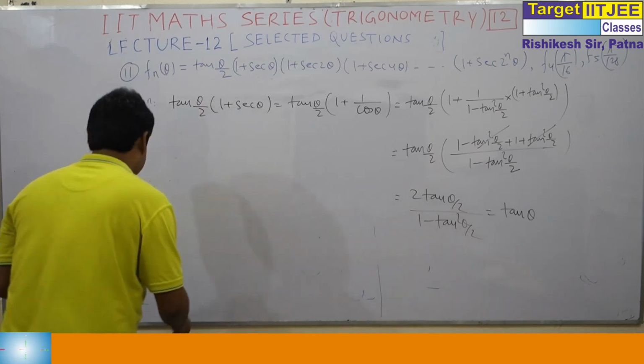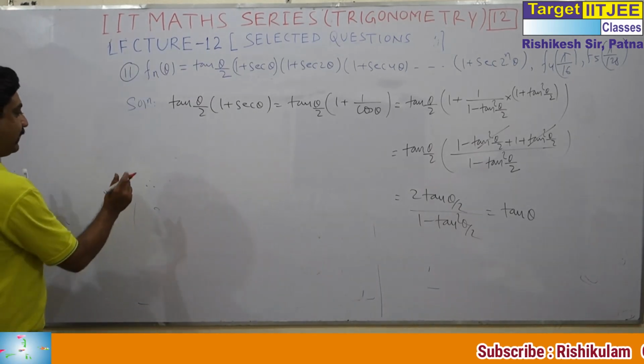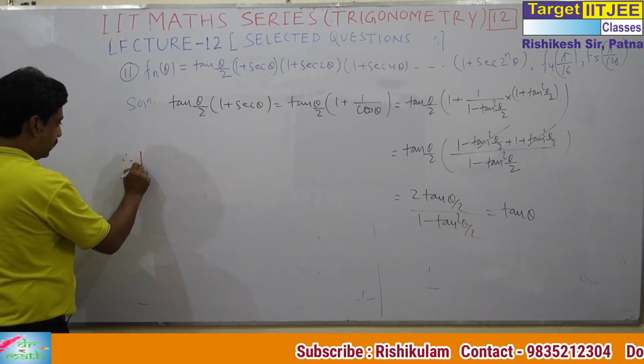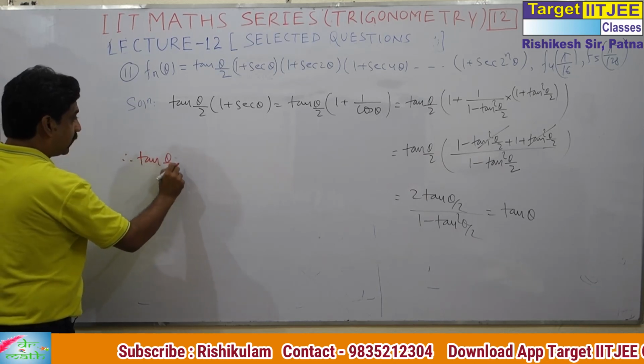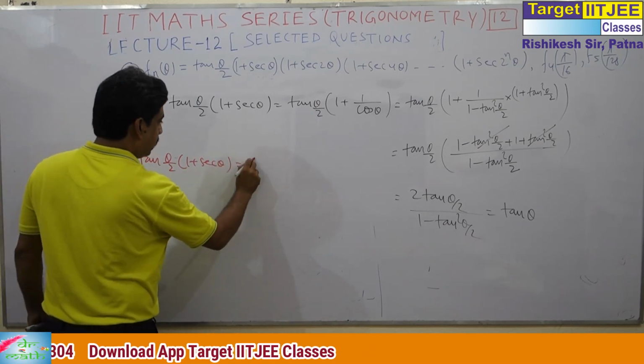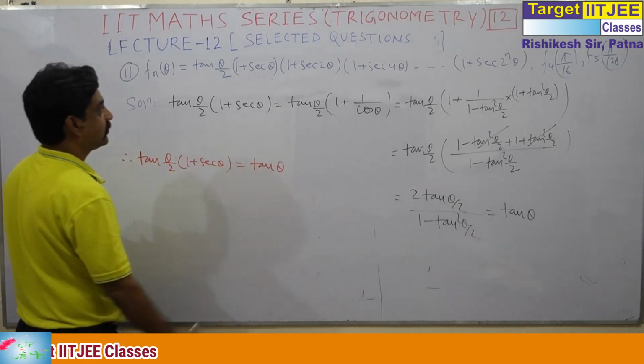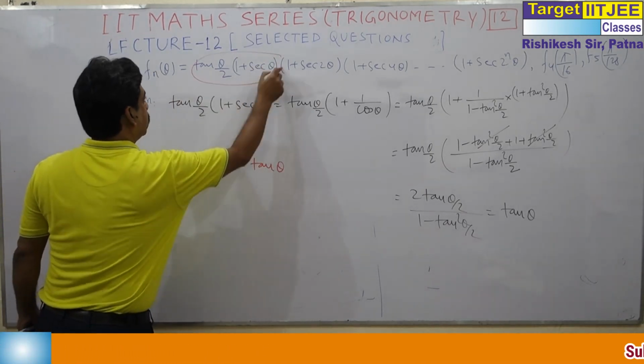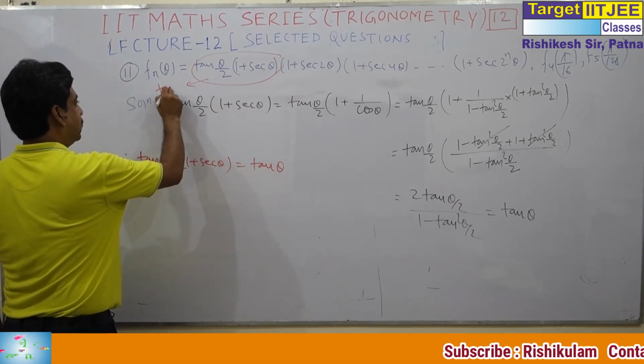So what is the idea? The idea is that tan theta by 2 into (1 plus sec theta) is tan theta. So this you get as tan theta.